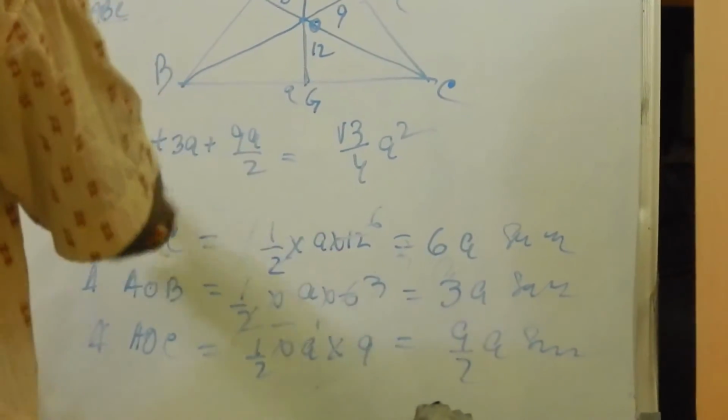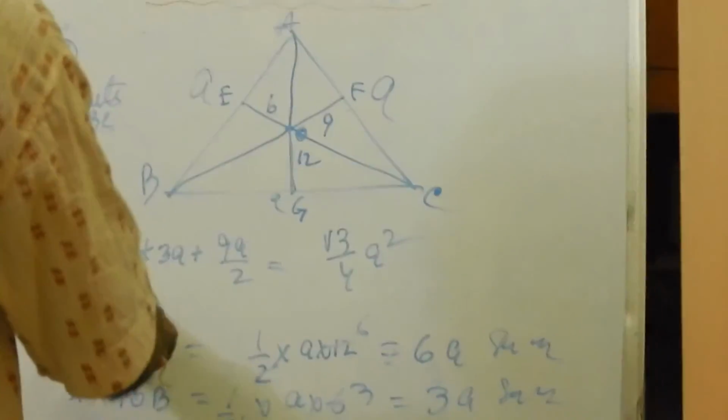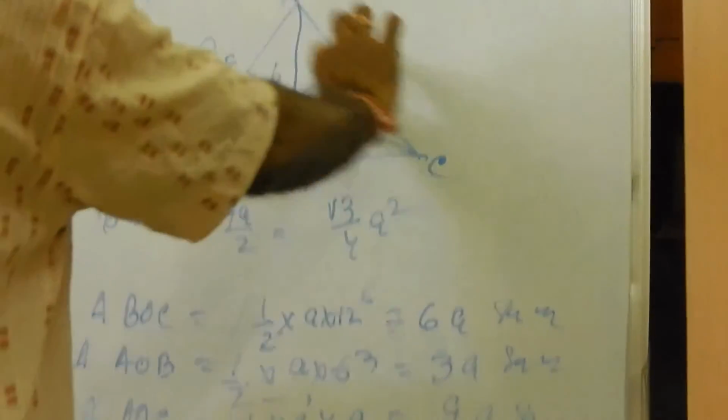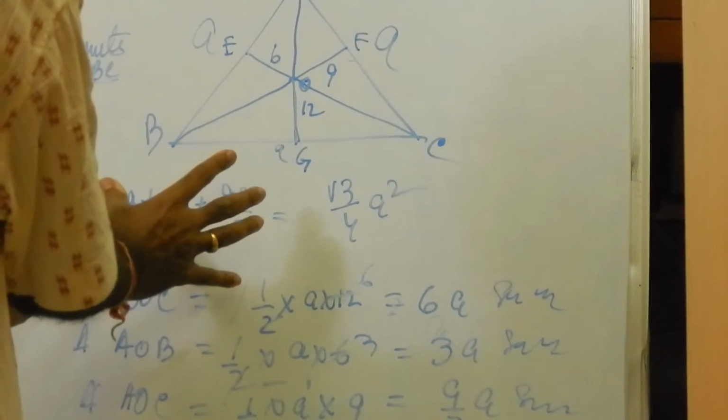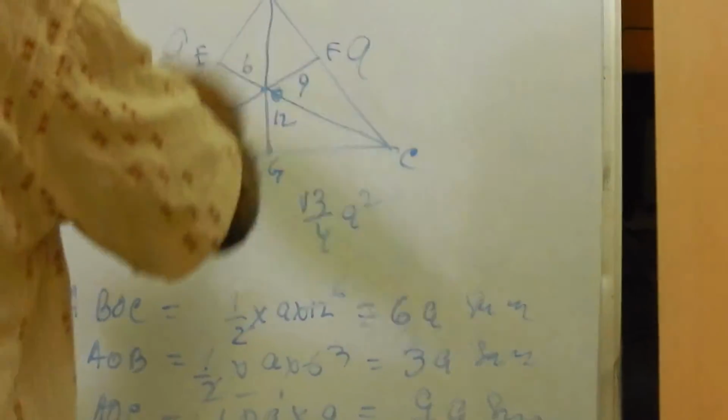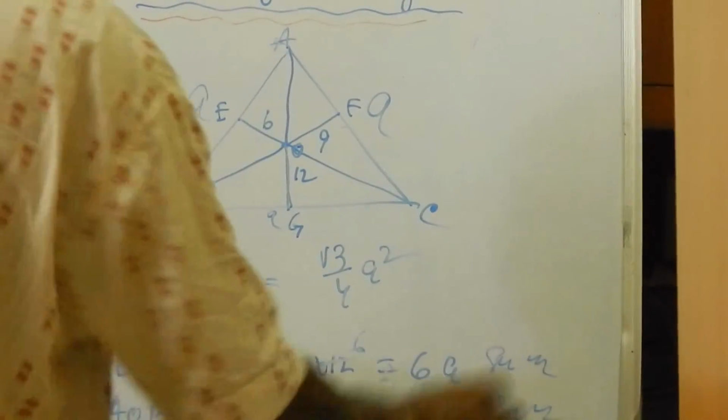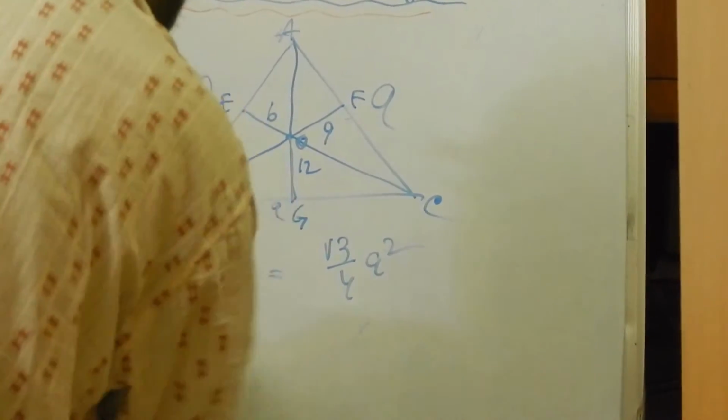I think it is clear. This triangle 6a, this triangle 3a and this triangle 9a by 2. We have made the addition equal to the whole area of this triangle, √3 by 4 a square.